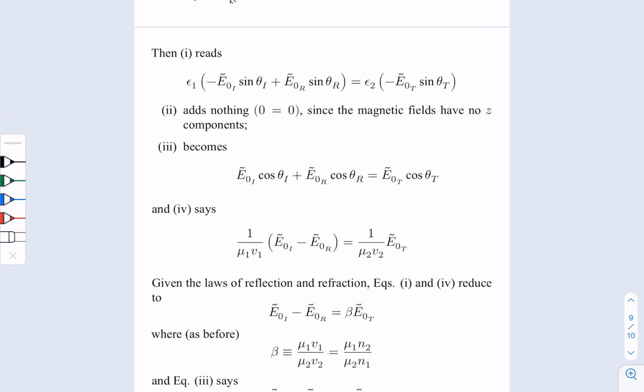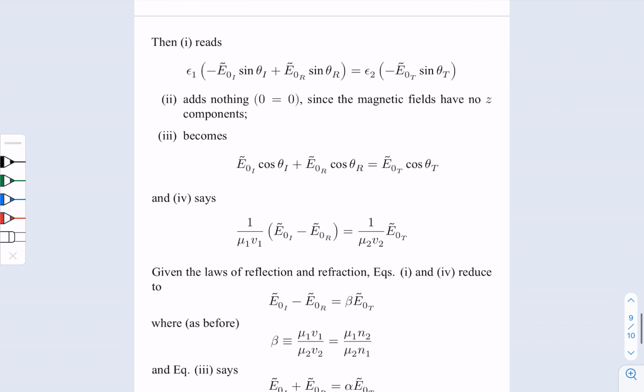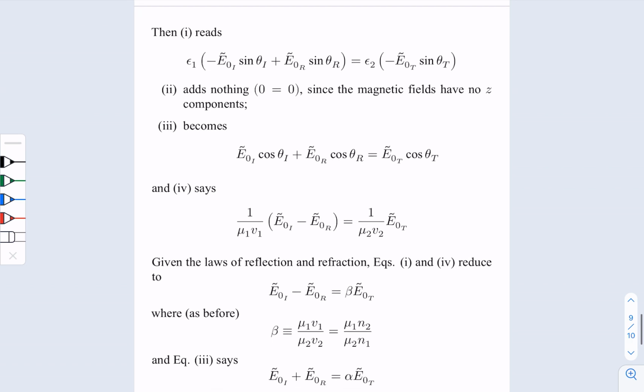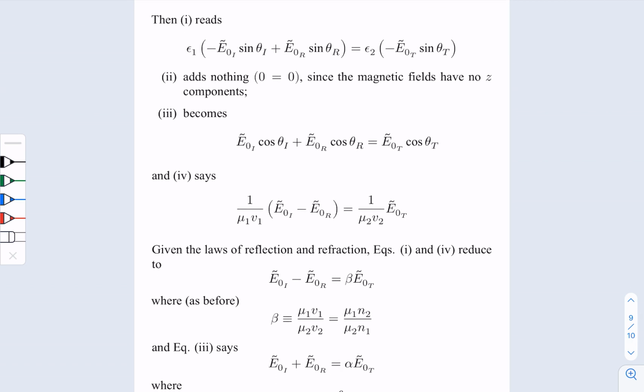Now, in the previous calculations, we also have the law of reflection and refraction. So all these angles, the incident angle and the reflected angle, are related to each other.